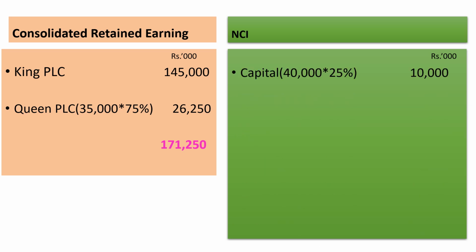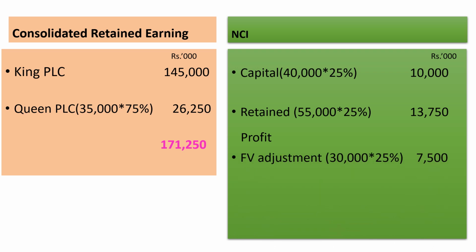When it comes to non-controlling interest, first we are going to take the capital portion. So out of the 40,000 capital, the non-controlling interest will be 25%, which means the capital will be 10,000. For that, we have to add the retained earnings. So here, at the end of the balance sheet, retained earnings, we have to take 25%, which is 13,750. For that, we have to add the fair value adjustment.